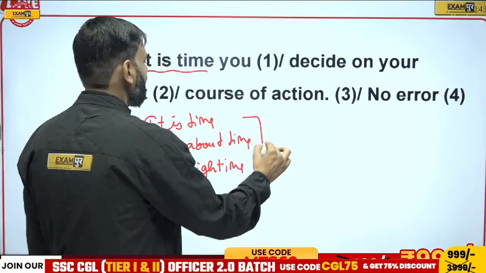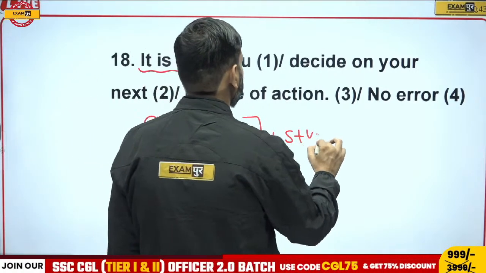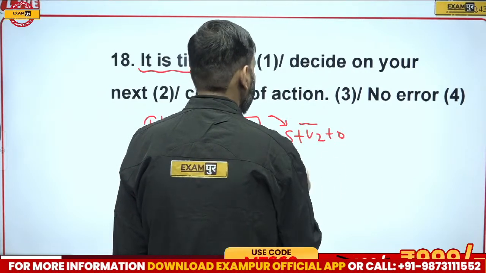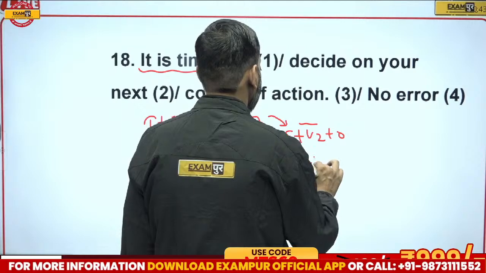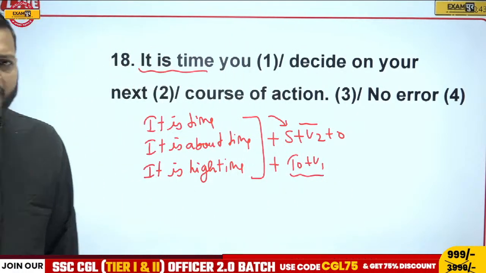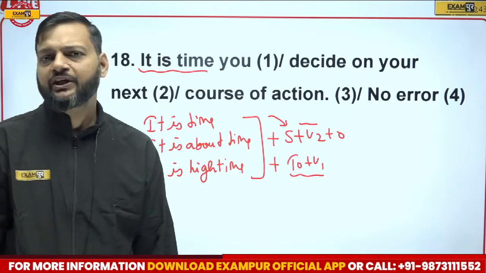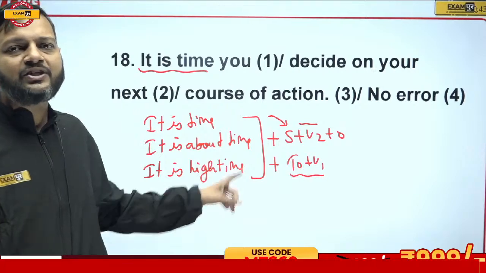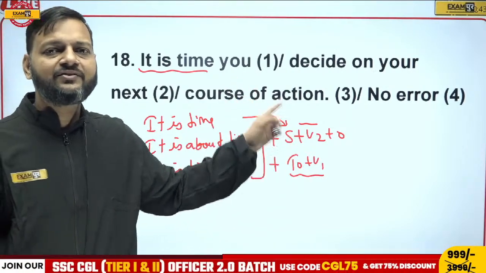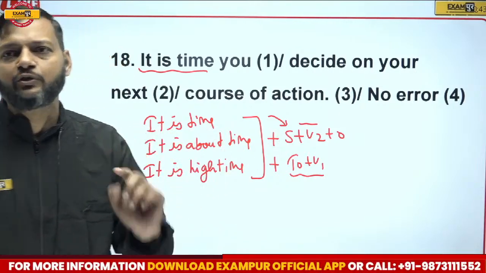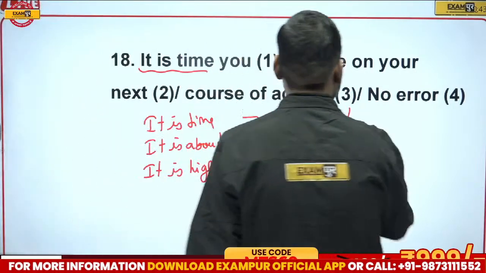These expressions are followed by the second form. If a subject is there, second form. And if a subject is not there, then to plus first form. So there are two structures that can follow these expressions. One is past indefinite tense, that is subject plus second form and object. And if a subject is not there, to plus V1 should be used.